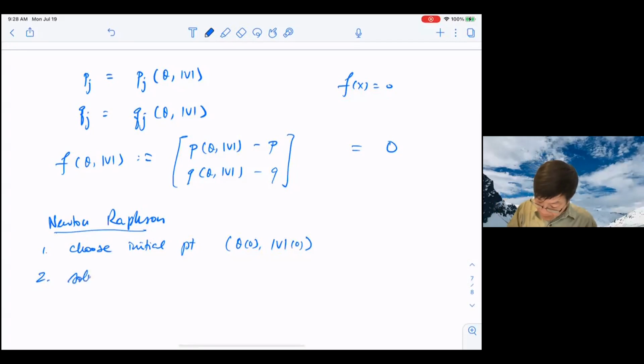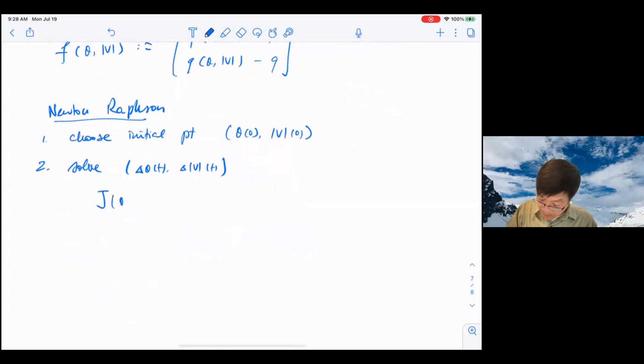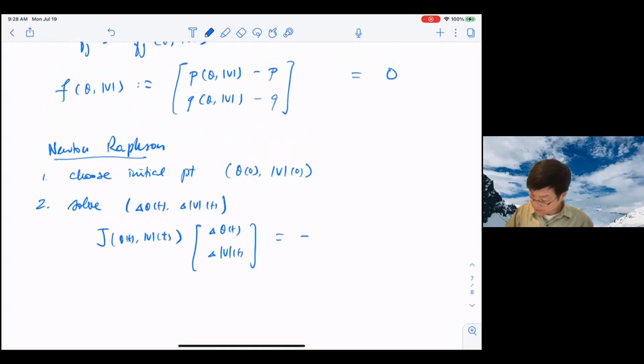And then you solve for the deltas, delta theta and delta v, from this linear equation: the Jacobian of theta, v times the delta that you want to solve for equals minus f, which is the P and Q as a function minus the given real and reactive power vectors.